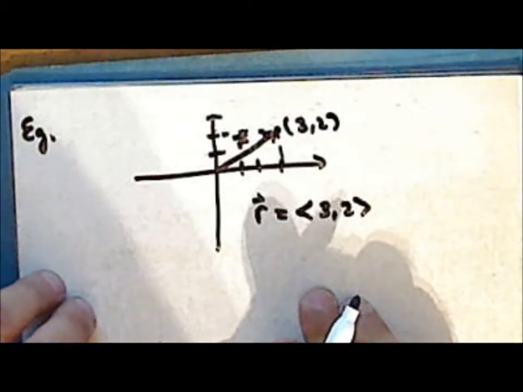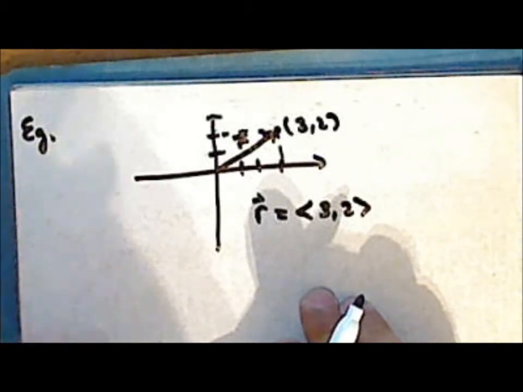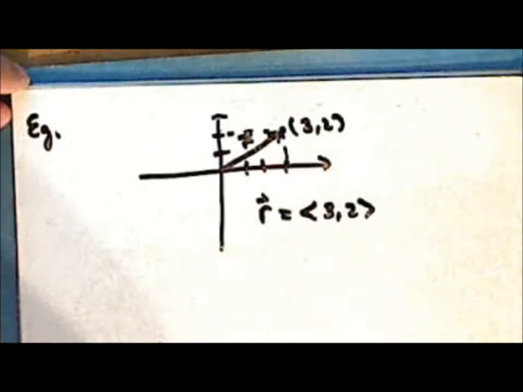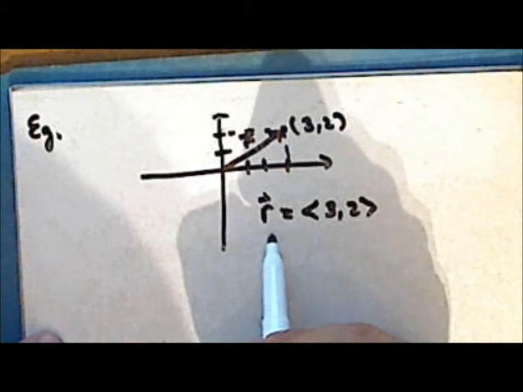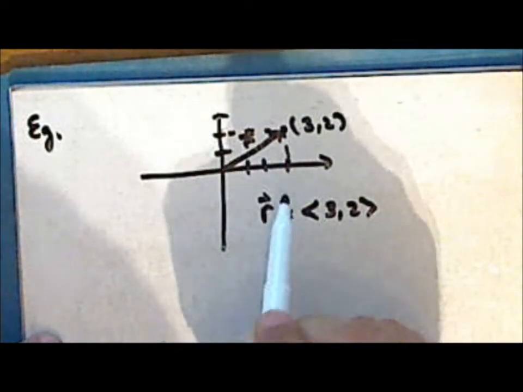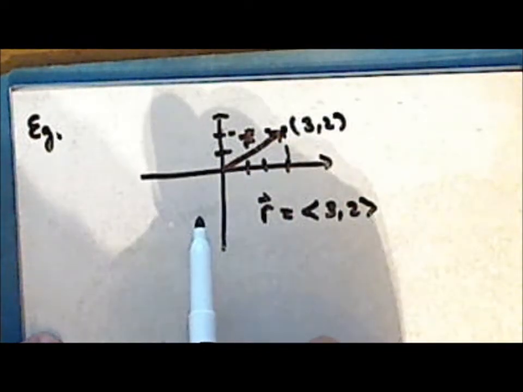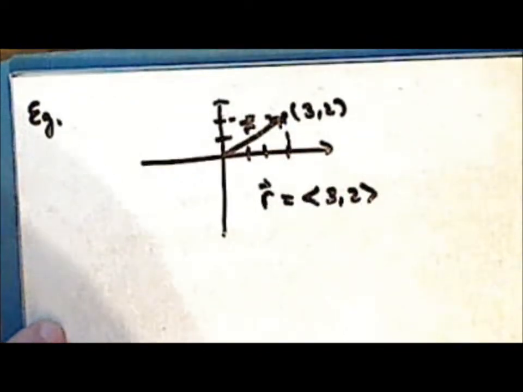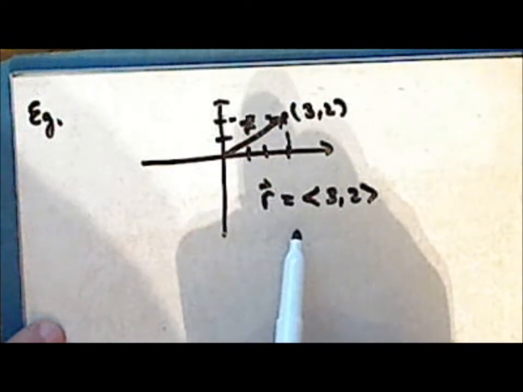Now, recall from geometry that a point is a location in space, and it does not have a dimension. That is, it has no magnitude. There is no length, width, or height associated with a point in space. It is a dimensionless object, whereas a vector has a magnitude. It has a length and a direction. The length in this case is given by the Pythagorean theorem. The length in this case is the square root of 13. And the direction is encoded in the component form of the vector.